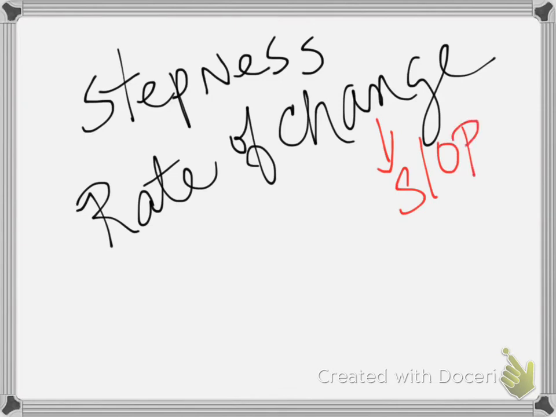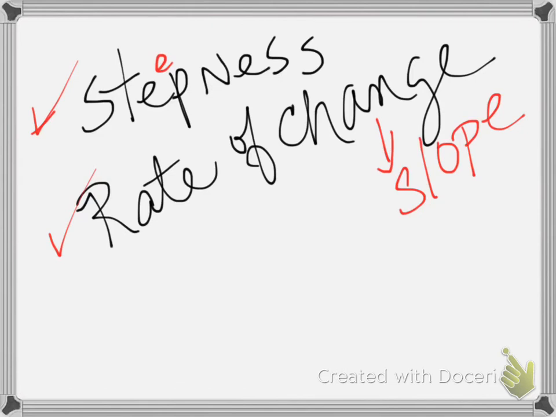They just said rate of change. Or sometimes in the instruction, they may say, what is the change in y over the change in x? That is the same as slope, okay? So those are the different vocabulary words. You're talking about steepness, rate of change, change in y over the change in x.